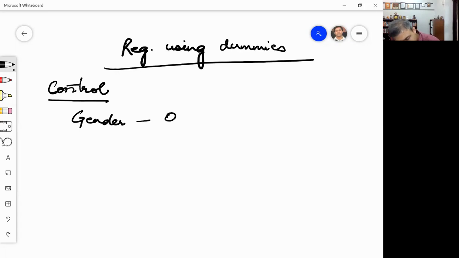We have 0, 1, male, female, and we also have others, right? So there is another gender category. You can code it, let's say you have modeled it as 0, 1, 2.